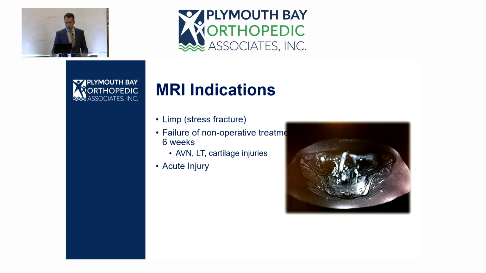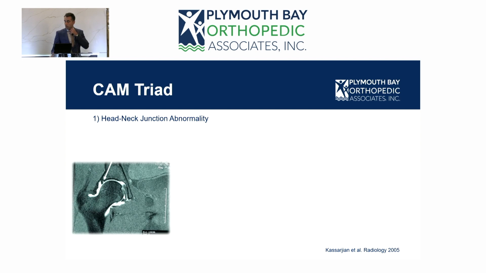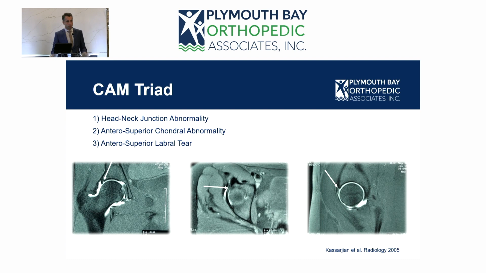So you have to think about whether this is a stress fracture, is it an AVN, is there some kind of other intra-articular pathology. We also get MRIs if there's a failure of non-operative treatment, or if there's an obviously acute injury.